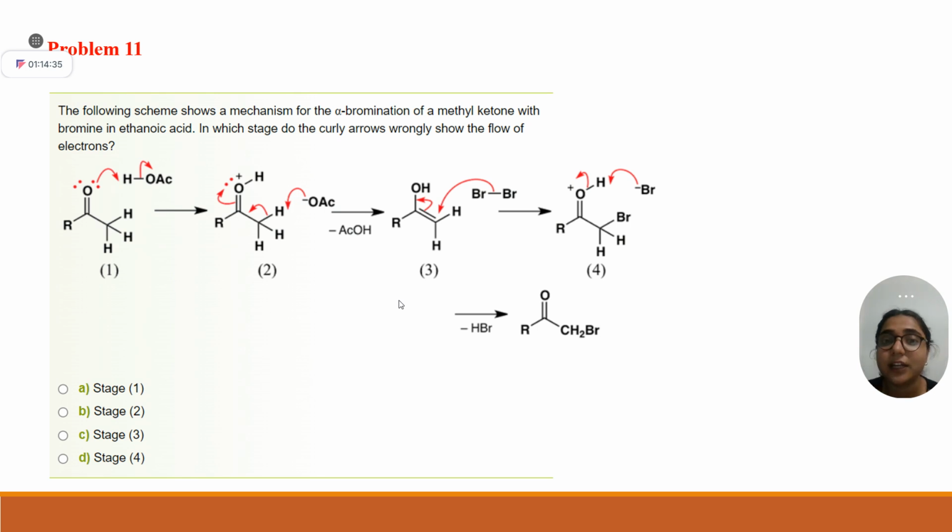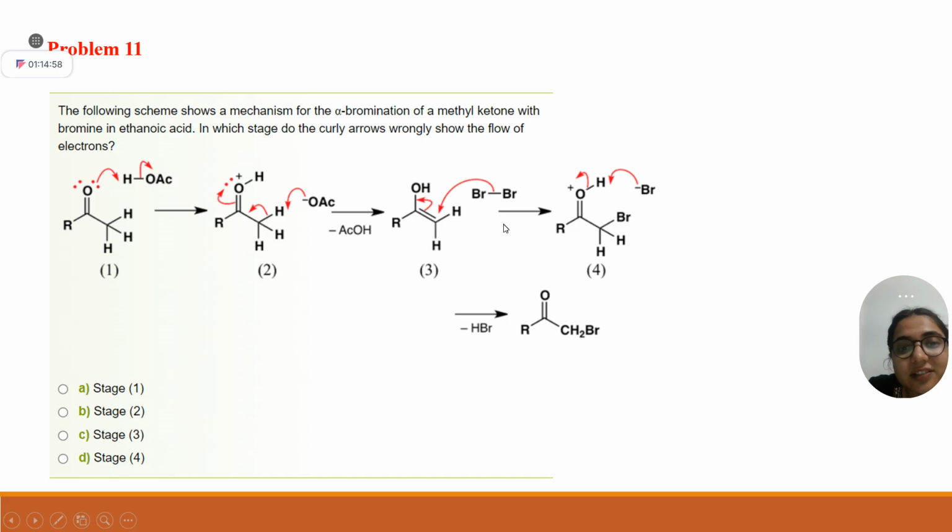Let me tell you what is the correct flow of electrons. Obviously, money will go from a rich person to a poor person, right? It will never go from a poor person to a rich person. Same in chemistry. Electrons will go from lone pair containing atoms to any electrophile, not from electrophile to lone pair.